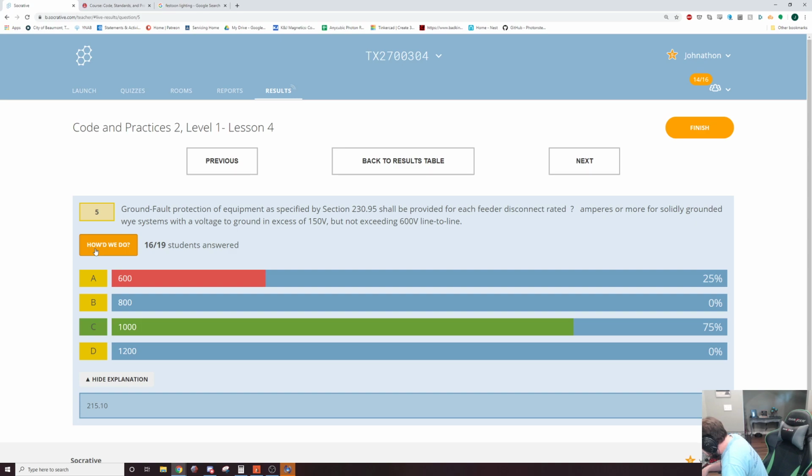Okay. That is not it. 250.32 is the other spot that it sends you to. 250.32(B) is where I'm looking now. (B), grounded systems supplied by a feeder or branch circuit.